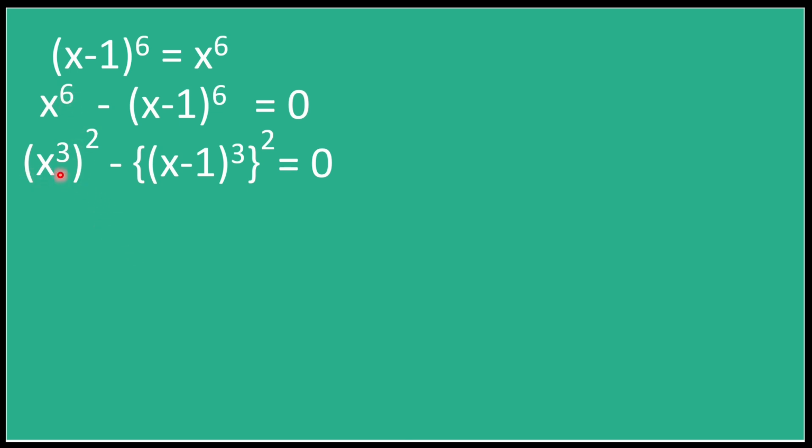So according to the power of power rule, we can split this x^6 like this. Now we can use the algebraic identity a² − b² = (a − b)(a + b), where a = x^3 and b = (x − 1)^3.